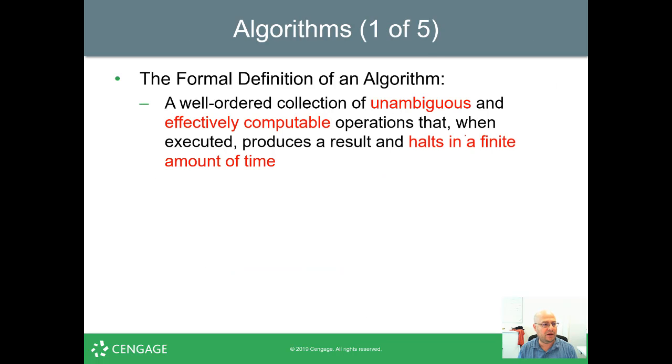Now we can propose a formal definition of an algorithm. It is a well-ordered collection of unambiguous and effectively computable operations that, when executed by an agent, any agent, a machine, a robot, a human, a bird, produces a result and halts in a finite amount of time.